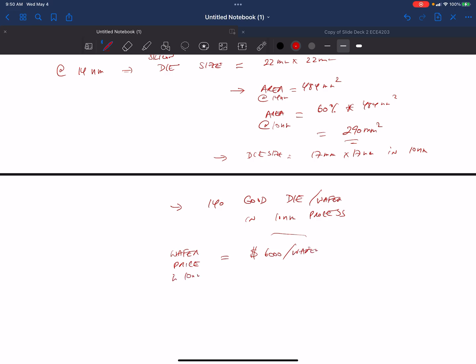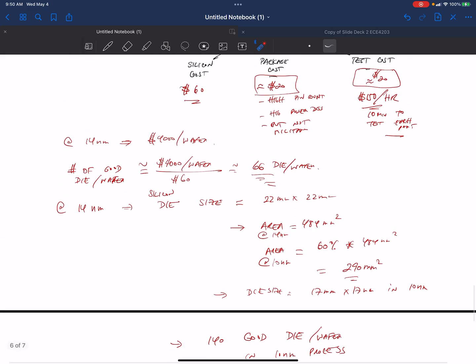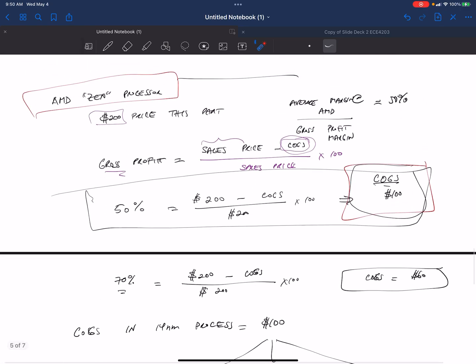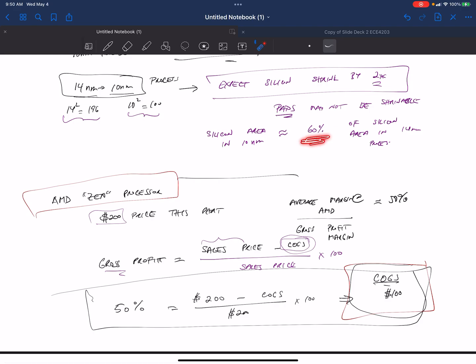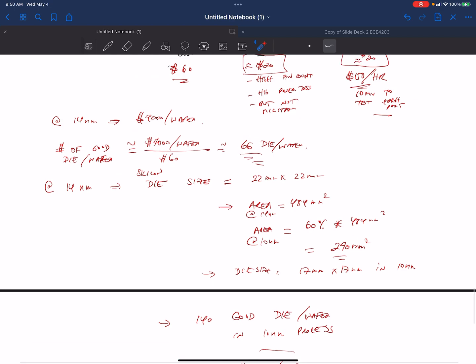By the way, notice the reason we're going through this. We could have just said we've got 66 die per wafer in the 14 nanometer process, I'm going to shrink by 60%, and I could have just used that ratio to get the new number of die per wafer in a 10 nanometer process.